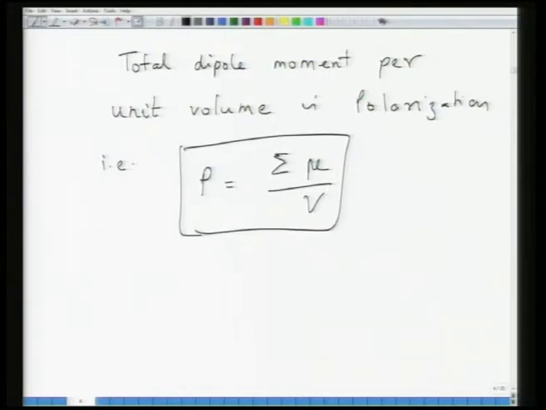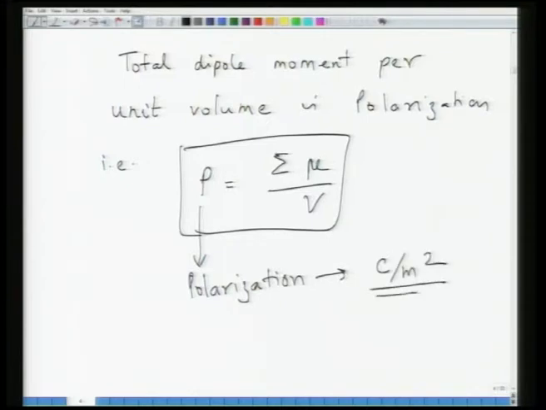What is the unit of polarization? This P is polarization, and its units are coulomb per meter square. Typically, for most systems it is defined as microcoulomb per centimeter square, but that is just a change of units; basically the units are charge stored per unit area of the material.